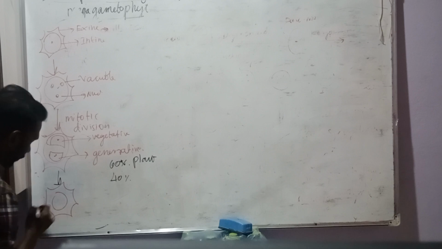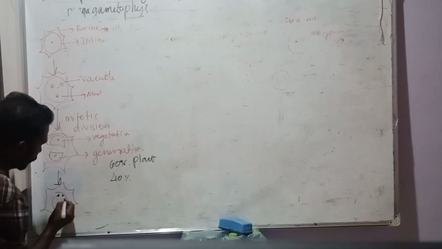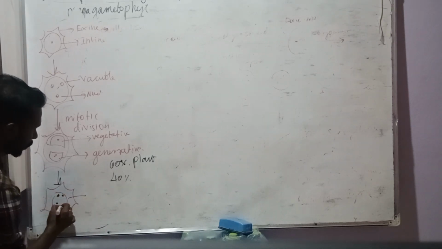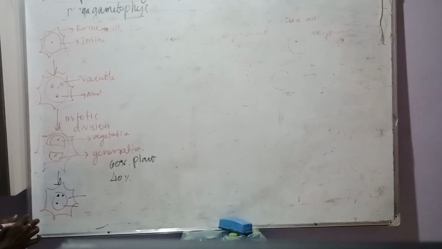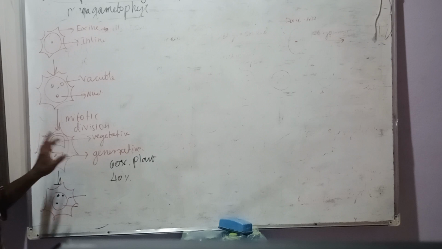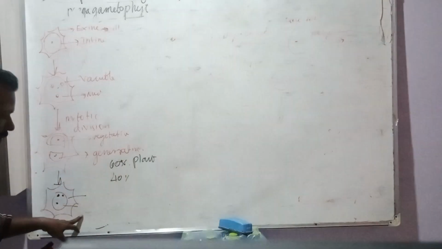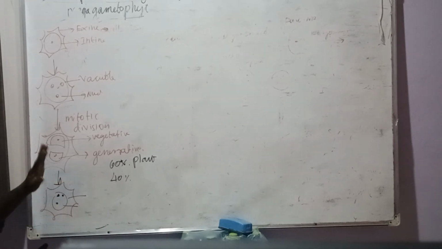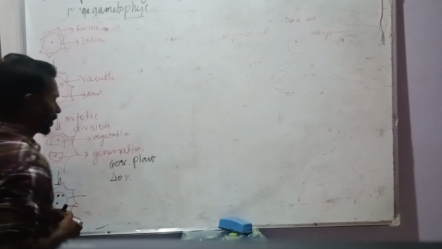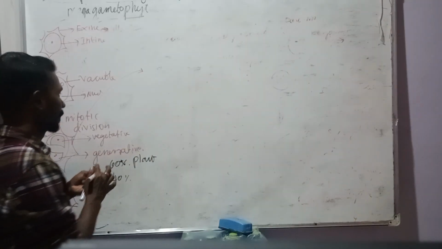That means there will be two nuclei: one vegetative nucleus and one generative nucleus. Let us consider only the 60% of angiosperm plants which release pollen at the two-celled stage.